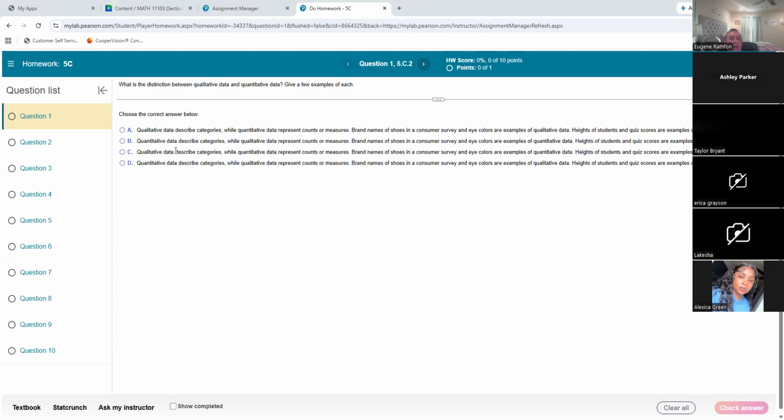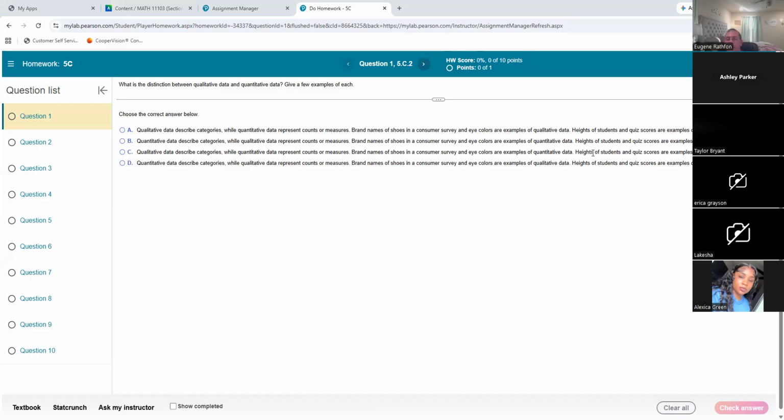Let's look at B. They're saying quantitative was categories, which is wrong, and qualitative was the counts or measures. C says qualitative describe categories, which is right. Quantitative represents counts. But then it says brand names of shoes in a survey and eye colors are quantitative. Well, that's wrong because those are qualitative.